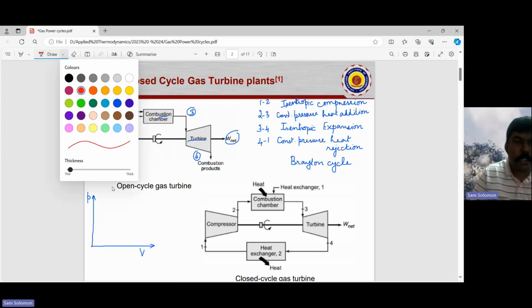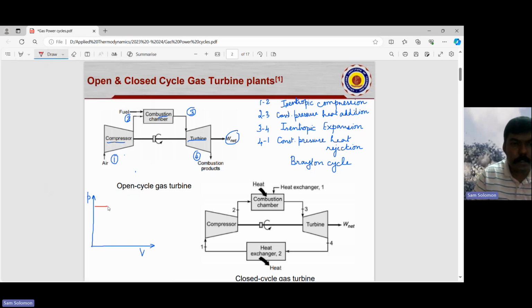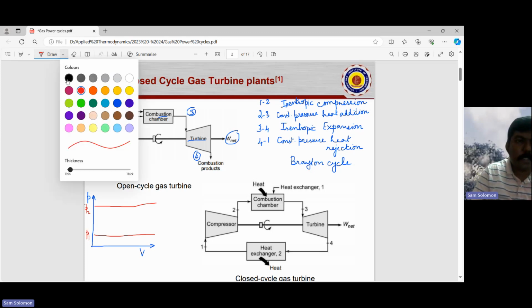Let me change the color to indicate the pressure levels. So it operates between 2 pressure levels, the higher pressure P2 and the lower pressure P1.